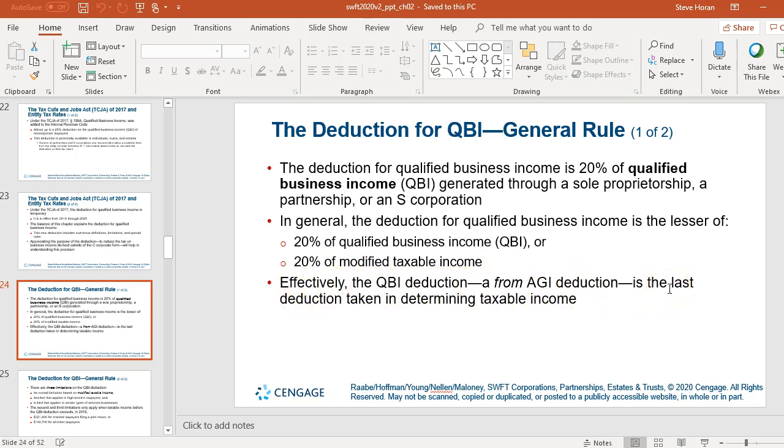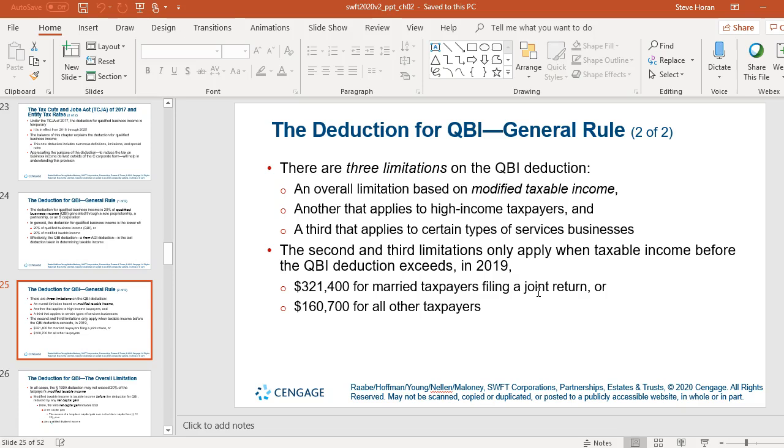Remember from individual tax, AGI is your adjusted gross income, the last deduction you take before you determine your taxable income. So you have your AGI, you slice off your QBI deduction as an owner of that business, and what's left over would be your taxable business income. You apply your various tax rates on your individual return to get your tax liability.